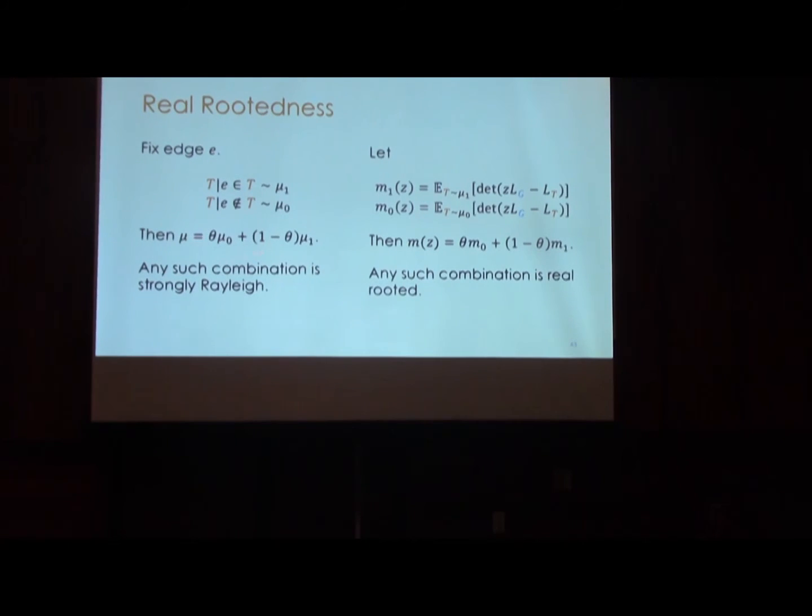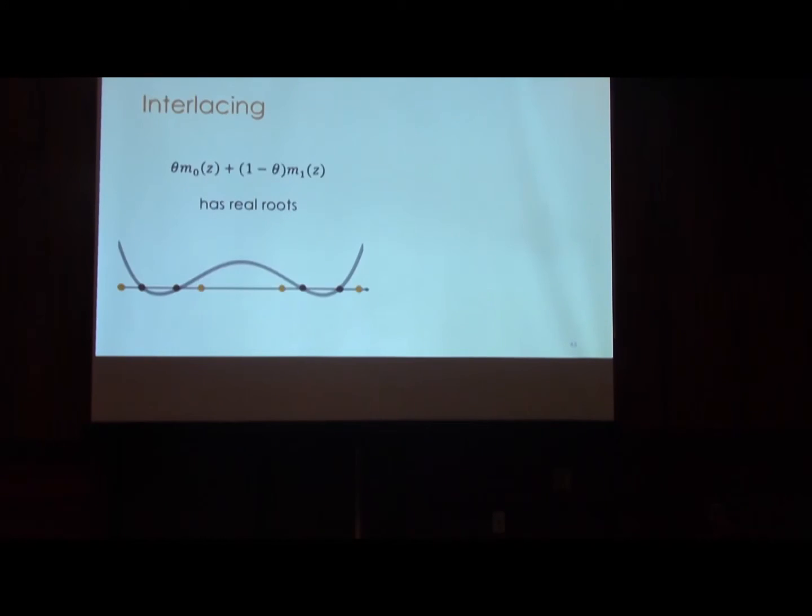And because of these facts that I've said on the left, you can actually show that any convex combination of m0 and m1 would be real rooted if I prove that m of z is real rooted. Now here's the interesting thing: if you have two univariate polynomials m0 and m1, and any convex combination of them has real roots, then their roots must interlace.